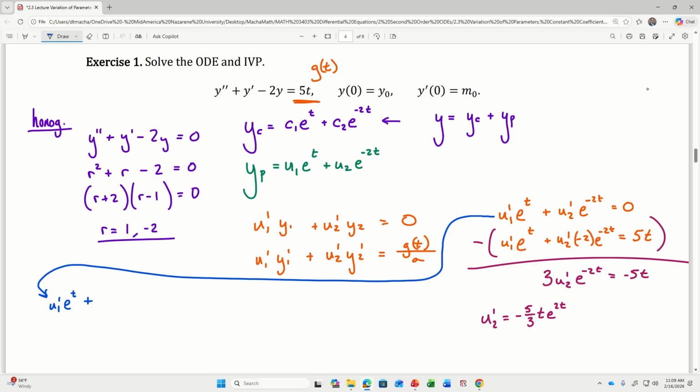So that e to the negative 2t is going to cancel out the e to the positive 2t when I multiply. And this is just going to be plus negative 5/3 t. And that makes u1 prime equal to 5/3 t e to the negative t.